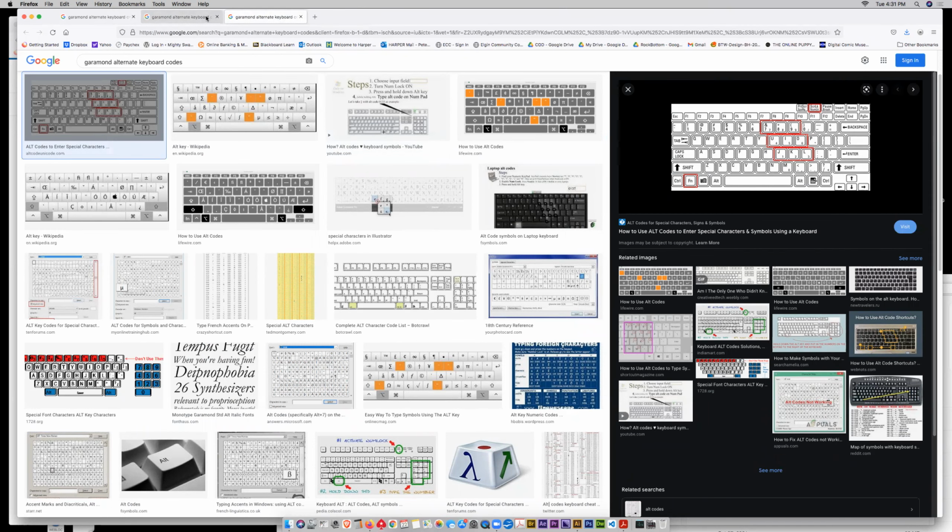I don't know, Kelly. I haven't read that article, but it may actually just be holding down the Alt key and then finding which keys on the keyboard to actually type.